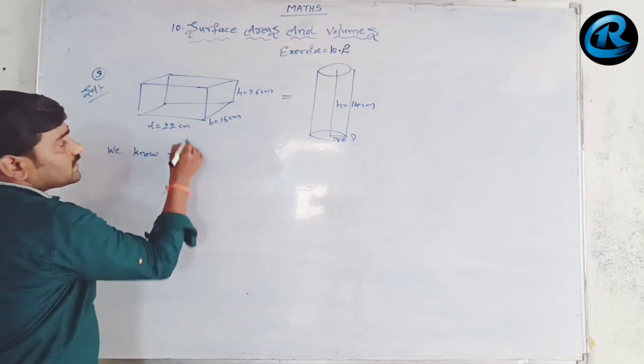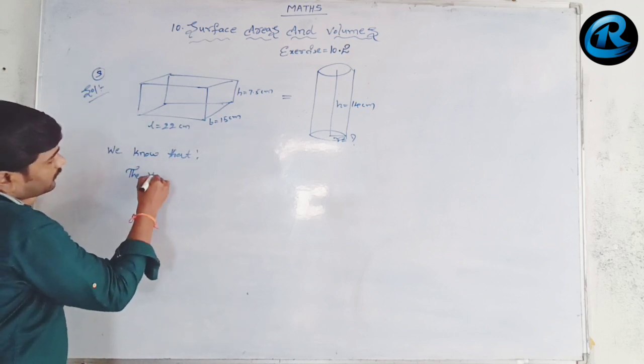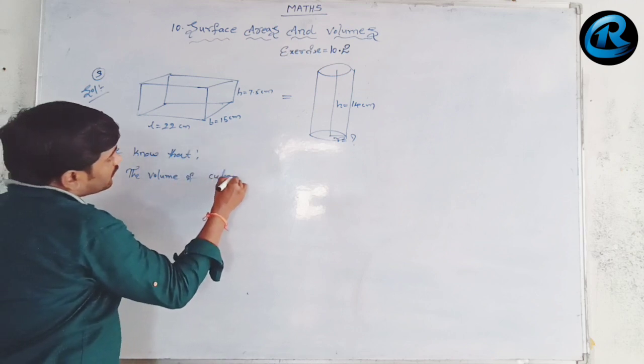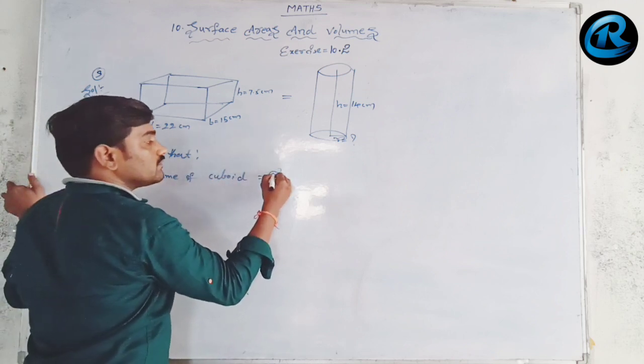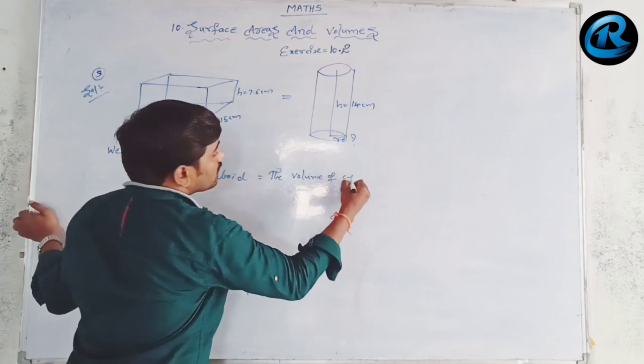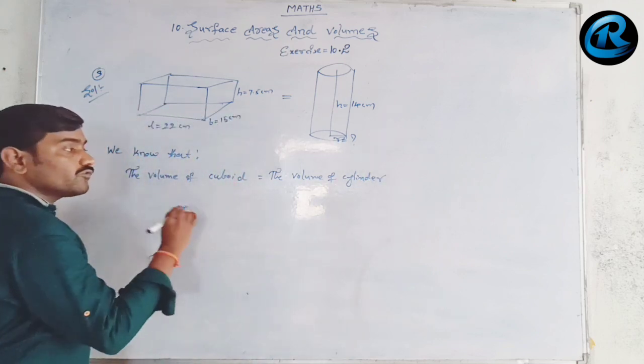We know that the volume of cuboid is equal to the volume of cylinder. What is the volume of cuboid formula?